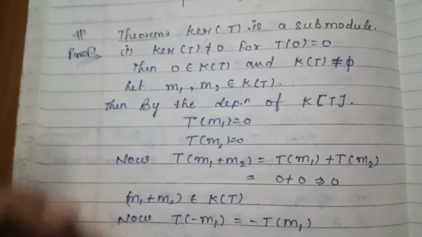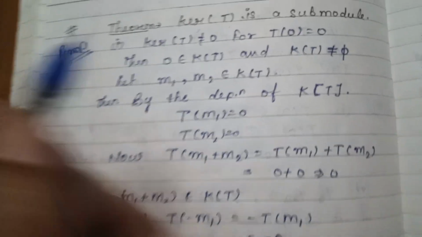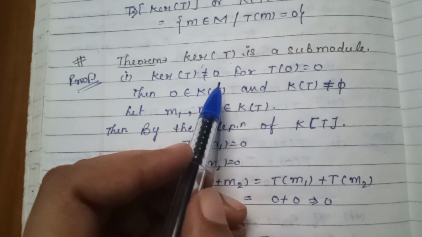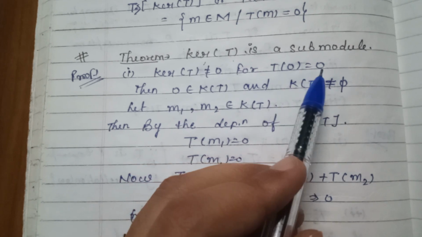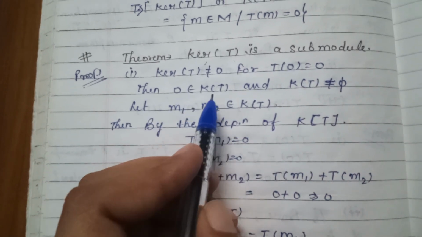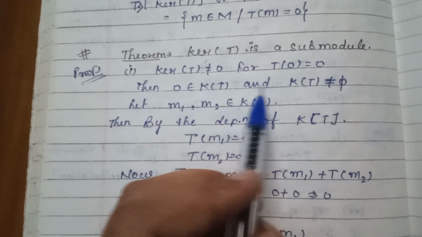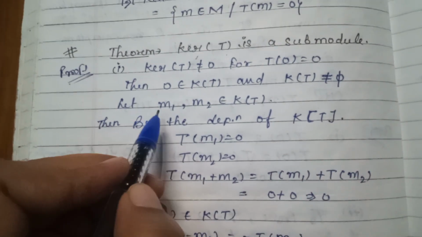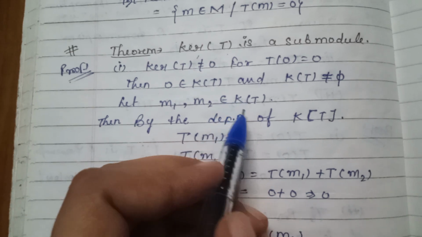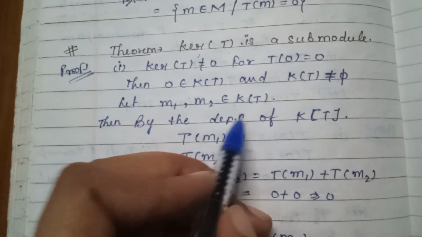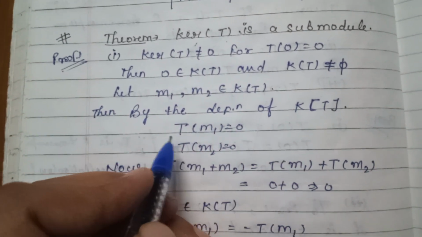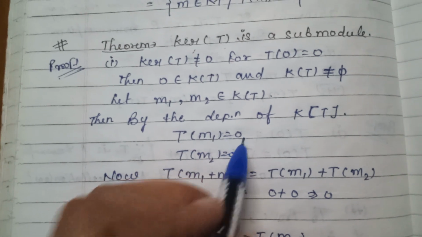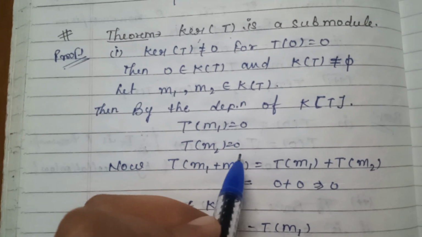So the first is kernel T is not equal to empty, for T(0) is equal to 0, then 0 belongs to KT, and KT is not equal to phi. Let m1, m2 belong to KT, then by the definition of KT, T(m1) is equal to 0 and T(m2) is equal to 0.